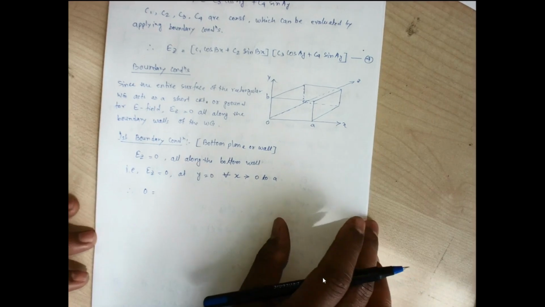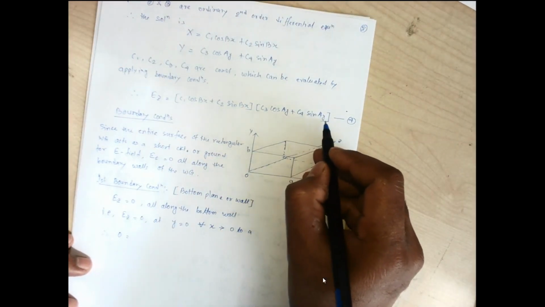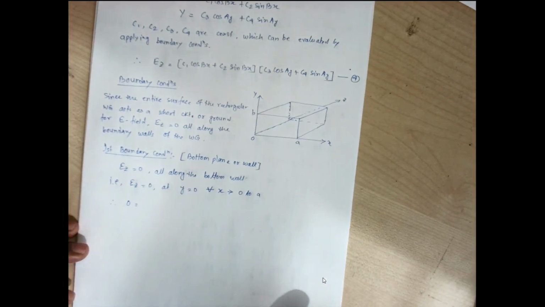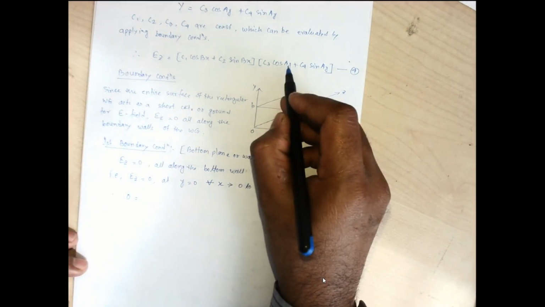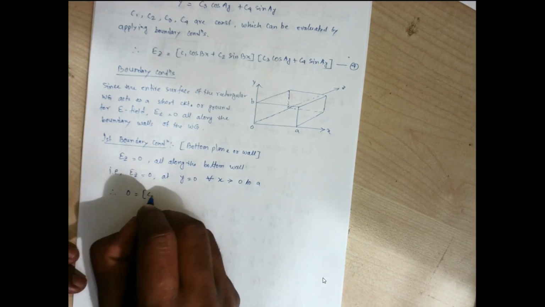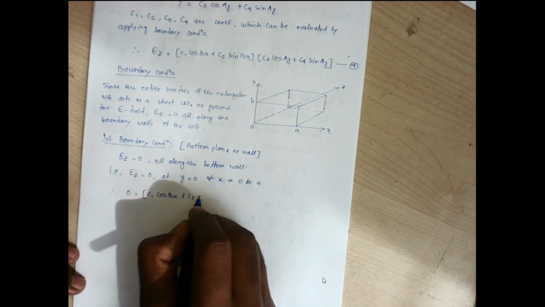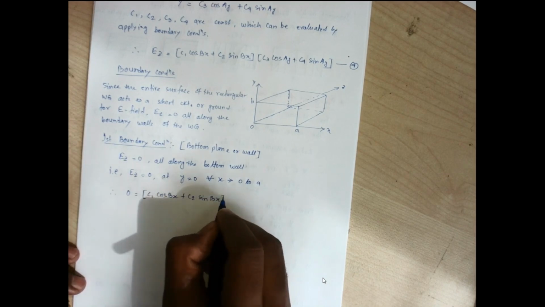So we can consider, therefore, Ez 0 at y equals to 0, right? So we can consider this c4 sin ay, since y is equal to 0, it will be 0. So we are having c1 cos bx plus c2 sin bx into c3 cos 0, it is 1. So we can write c1 cos bx plus c2 sin bx into c3.